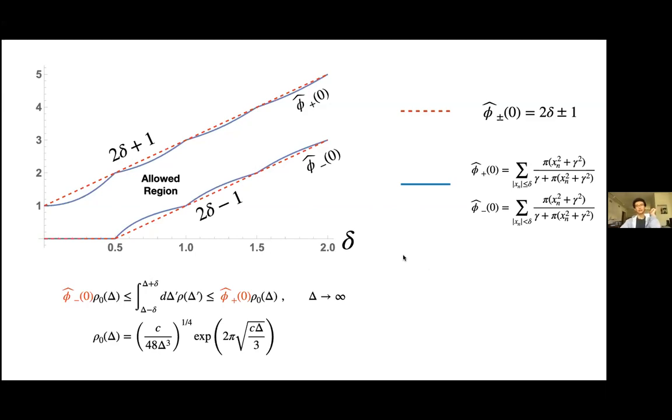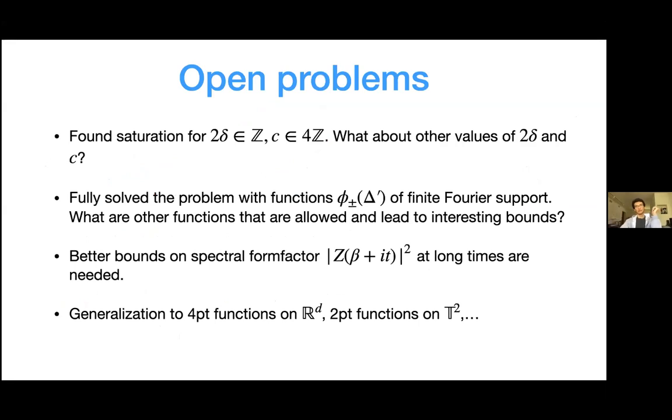And as usual, there are some open questions. So, for example, what is the saturation? We show that for some cases there are known partition functions that saturate the bounds, but you can ask what about other values of central charge and to delta.